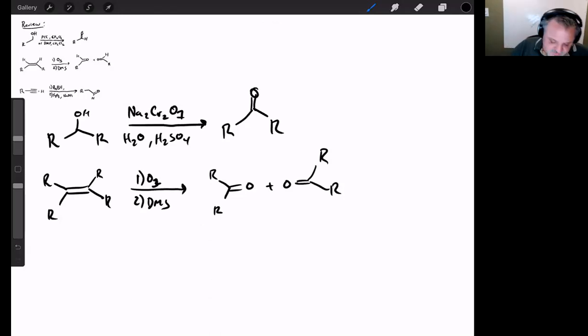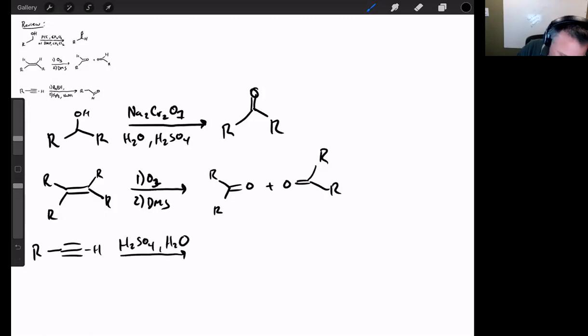Just like there was anti-Markovnikov hydration of alkynes, there's also Markovnikov hydration of alkynes with good old H2SO4 and water, with mercury sulfate as part of the reagent. Again, it doesn't form an enol. It forms a ketone because of the tautomerization.